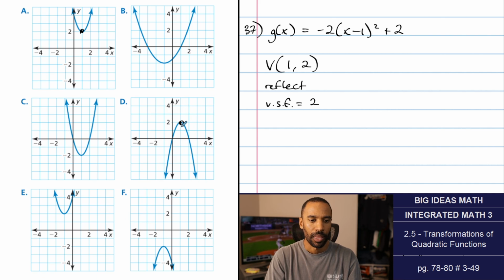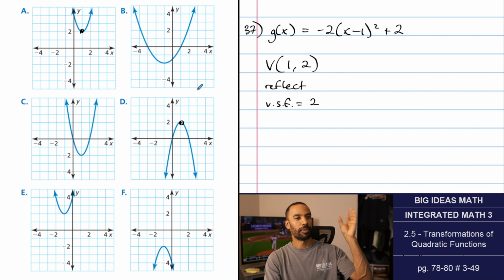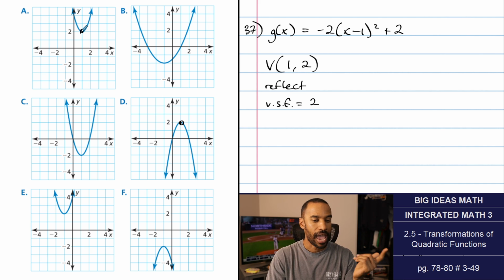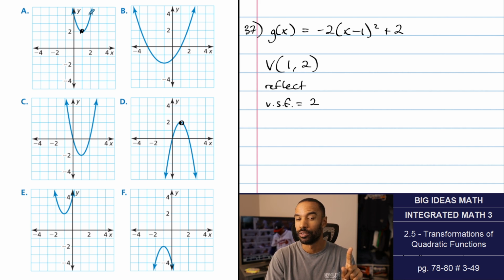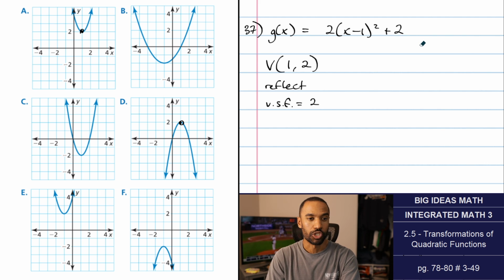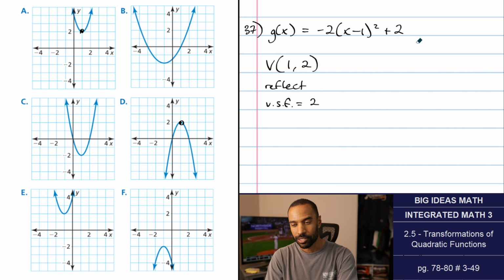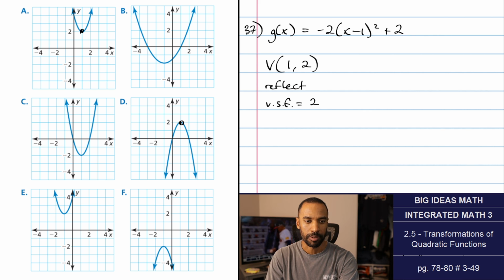A and D. Now, which one is it? Well, it's the one that's flipped over, right? Now, by the way, A might have a vertical stretch factor of 2, but it's not flipped over, so it's not A. We're going to find another equation that's just like this, and that's going to be A, I think, assuming that's a stretch factor of 2. This, however, is D. So let's copy paste that one.